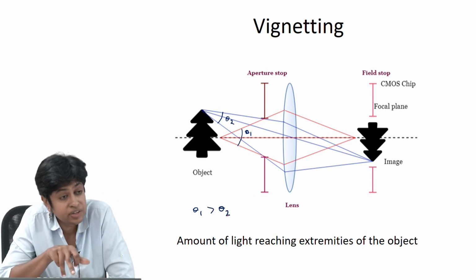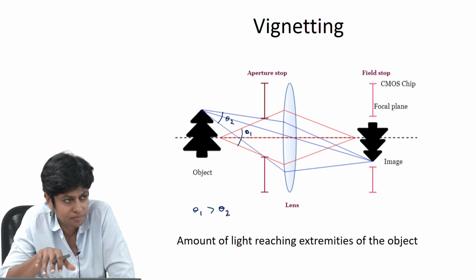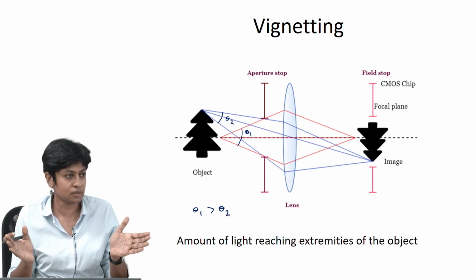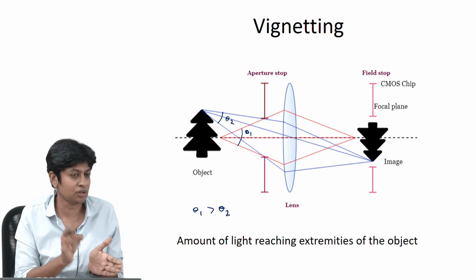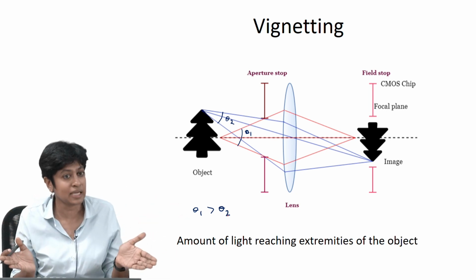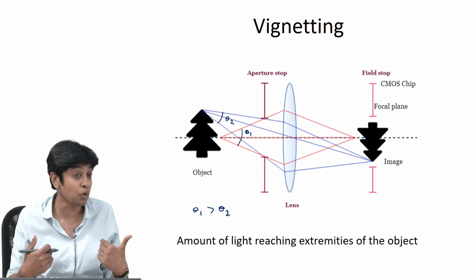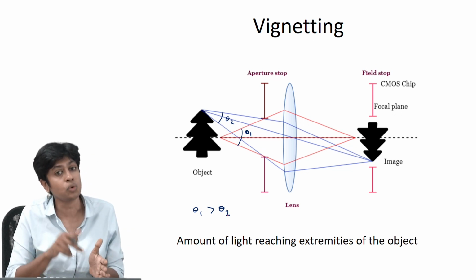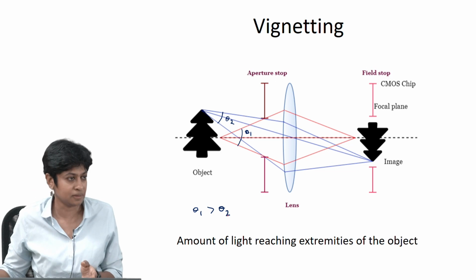Now, these sets of rays are not chosen arbitrarily. You have the aperture stop of the system, and so the cone of rays that has been chosen for each point on the object is the cone that makes it through the aperture stop, which now we know and can say confidently is the cone of rays that are reaching the image plane.